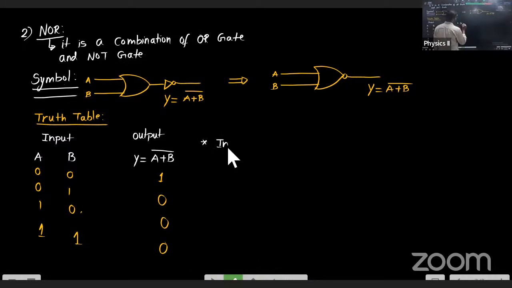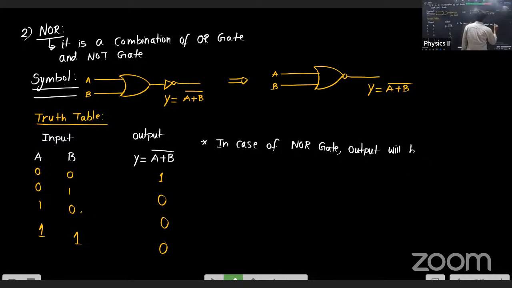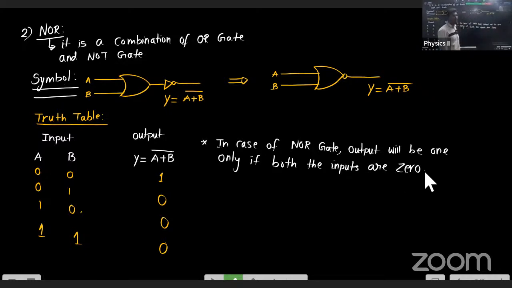In case of NOR gate, output will be 1 only if both the inputs are 0. So this is the last point you are supposed to write in the examination.